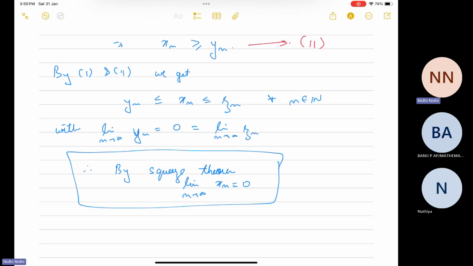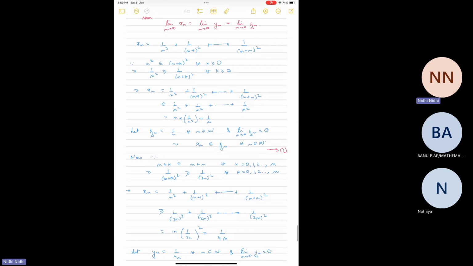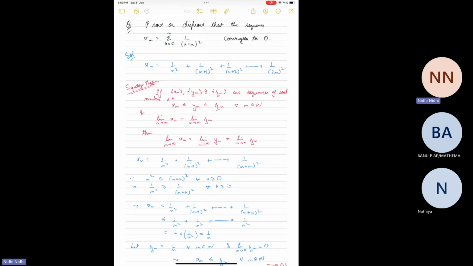Therefore, the given statement was true, and the sequence xn must converge to 0. So the main idea was to use this sandwich theorem or the squeeze theorem and see what will be the upper and lower sequences, zn and yn. I hope this is fine with everyone. If you have any doubt, you can please ask at any step.